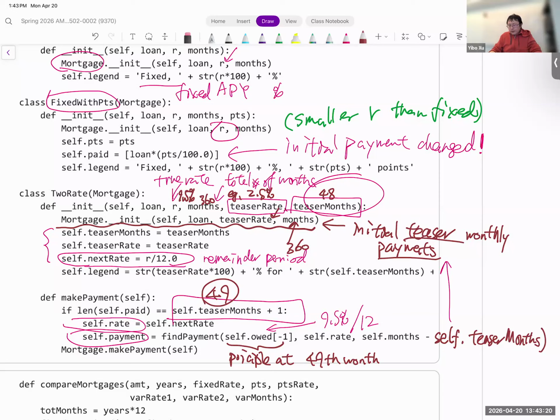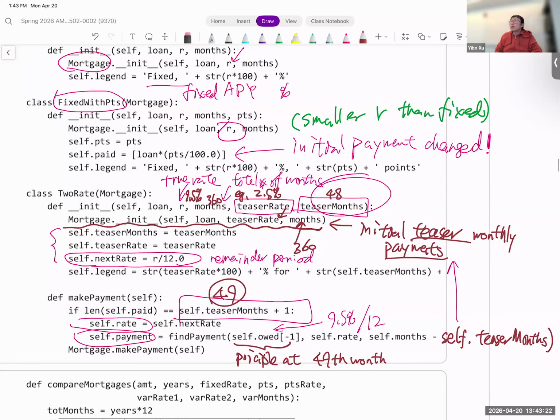And then you just need to close it. Make sense? So basically at the 49th month, for the remainder, this is 360 minus 48, this is 312. So for all those months, you're going to be paying the new monthly payment throughout.